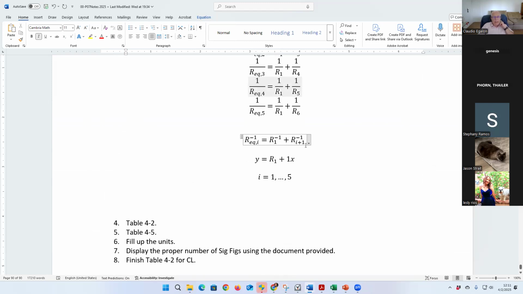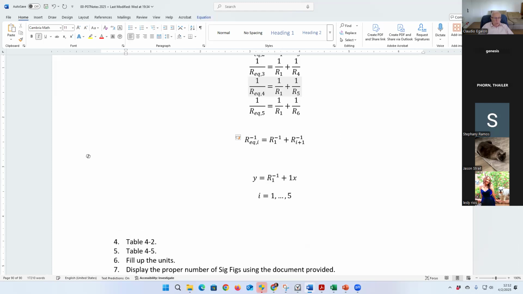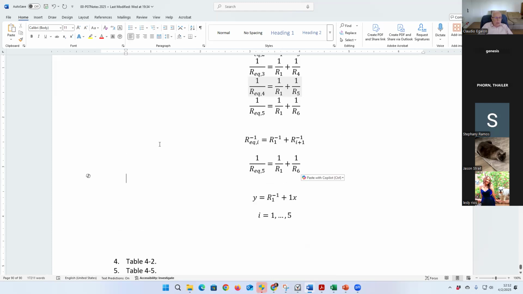This one is going to be negative power of 1. And I'm going to call it the inverse. Let's see how I'm going to do that. Okay, that's going to be I plus 1, I plus 1.